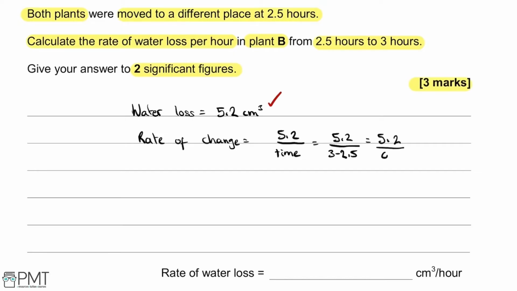And calculating that, 5.2 divided by 0.5, that gives you 10.4. And that calculation there gets you your next mark in this question. However, 10.4 is 3 significant figures, and the question's asked us to give our answer to 2 significant figures. So what we've got to do is round the last 4, and that will round down, so your final answer is 10 centimetres cubed per hour.